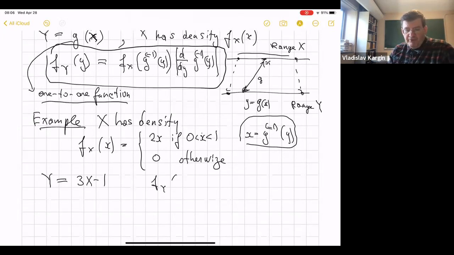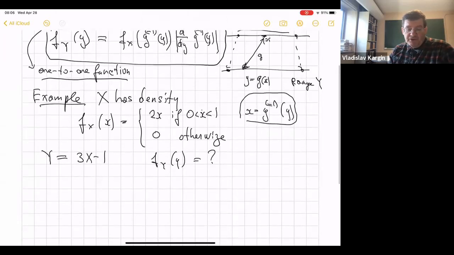So f_Y of y. This is a direct application of this method. So we write the inverse function.